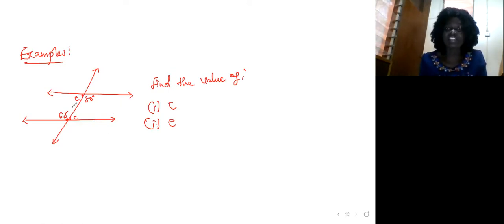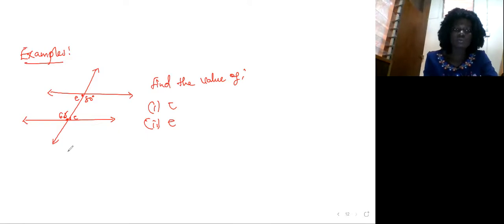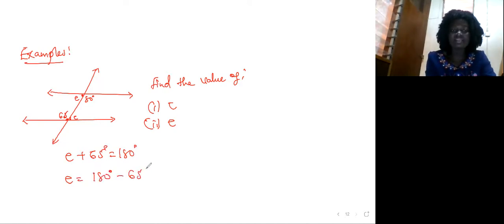As we said in the illustration we just did, E plus 65 will give us 180. So use your simple change of subject: you make E the subject to find the value of E. So 180 degrees minus 65.